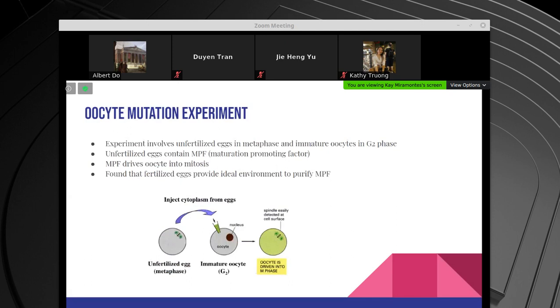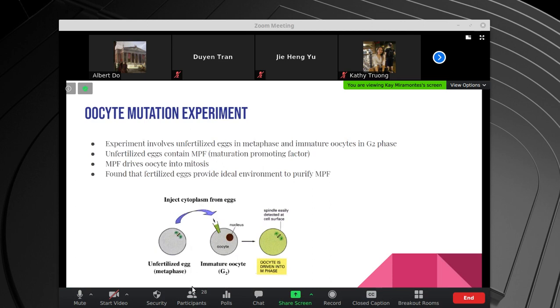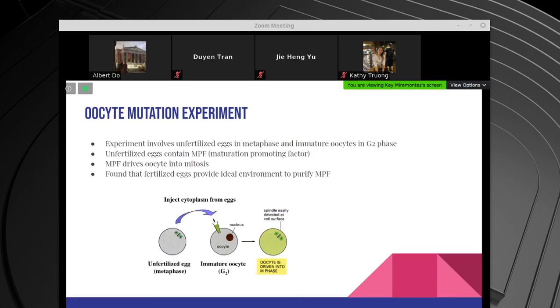Is it this one? So basically, what they found out was that when the cytoplasm was injected from the unfertilized egg in the metaphase into the immature oocyte in G2, they saw formation of spindles, right? And they basically discovered that the cytoplasm of this egg in metaphase contained a maturation promoting factor that drove this immature oocyte into the M phase, right here, or mitosis.